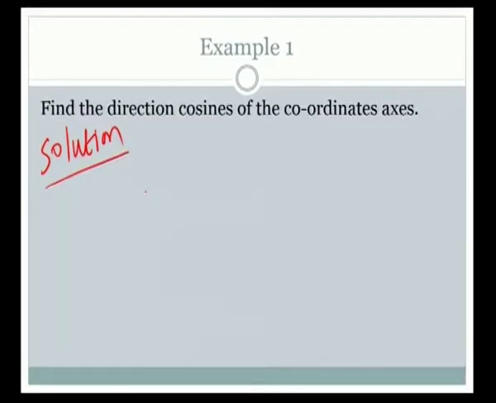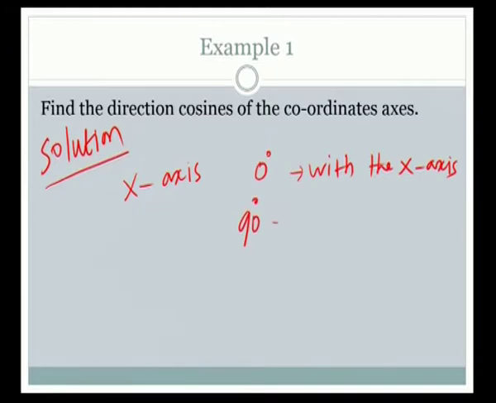Here it is said the coordinate axis, what is the direction cosine of the coordinate axis? So, let us take the x axis first. This x axis makes an angle 0 degree with the x axis itself. Then the x axis makes an angle 90 degree with the y axis.